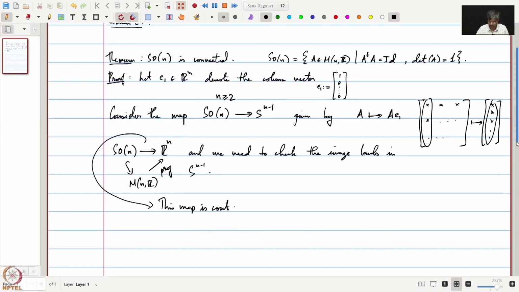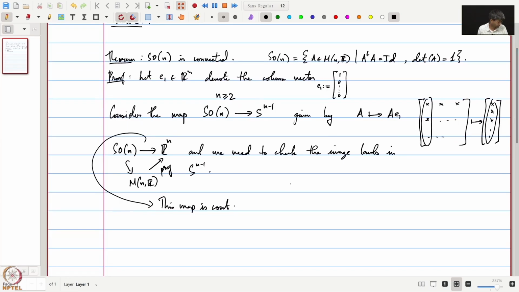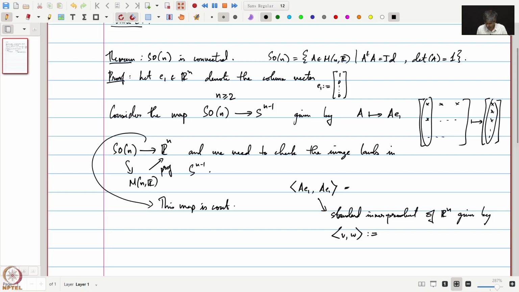So let's compute the norm of this AE1. The inner product of AE1 comma AE1, this is the standard inner product on R^n, where V comma W is defined to be W transpose times V. So this inner product is equal to (AE1) transpose times AE1, which is equal to E1 transpose A transpose A E1.